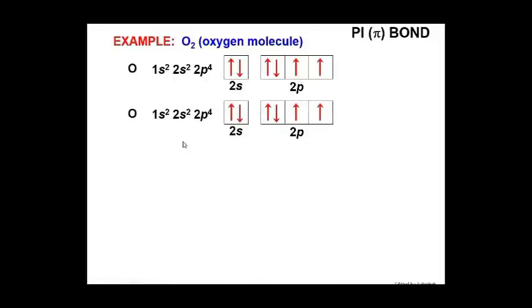When the other oxygen atom shares electrons with the 2p electrons, the side sharing will produce a pi bond.